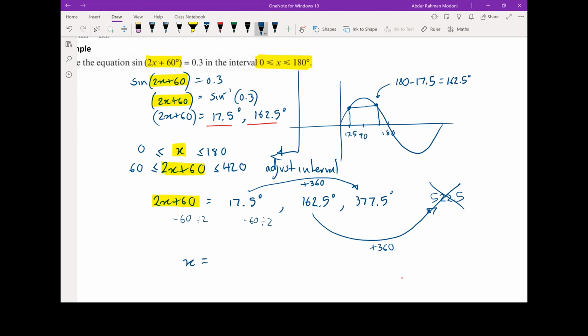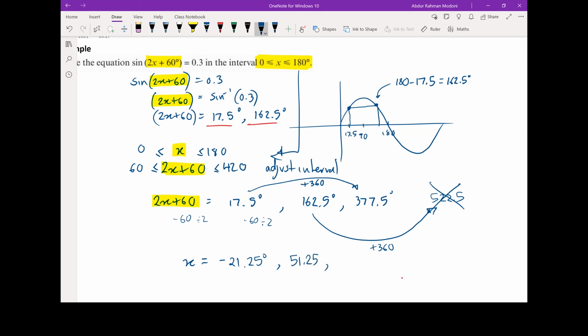So x is equal to, I'm going to do that with each angle, 17.5 minus 60 and then divide by 2. That gets me minus 21.25. And I'll do the same with 162.5 minus 60 and then divide by 2, and that gets me 51.25.